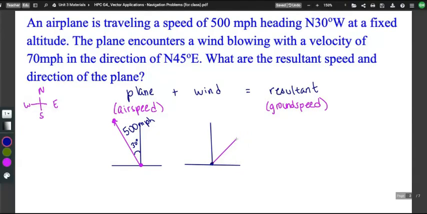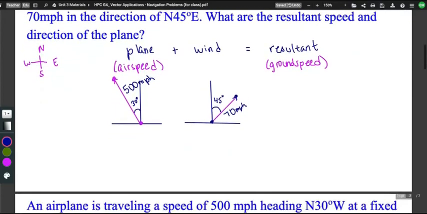Initial point, terminal point, the arrow. And that north 45 degrees east is really indicating this angle up at the top between north and my vector. And I can label the magnitude 70 miles per hour. Again, I'm visualizing that as the length. And don't worry, it's not drawn to scale, and I'm okay with that.